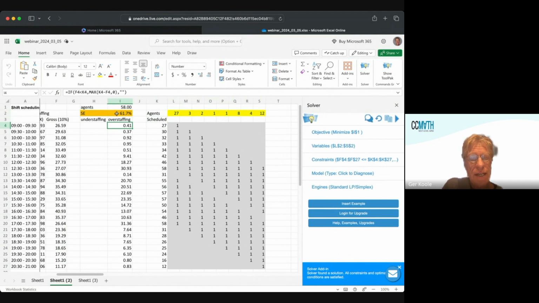At the same time, we see this shift efficiency of 62%. And that means that we have more than half of the required staffing more scheduled just because of the inflexibility of our shifts. So that is really a low number.